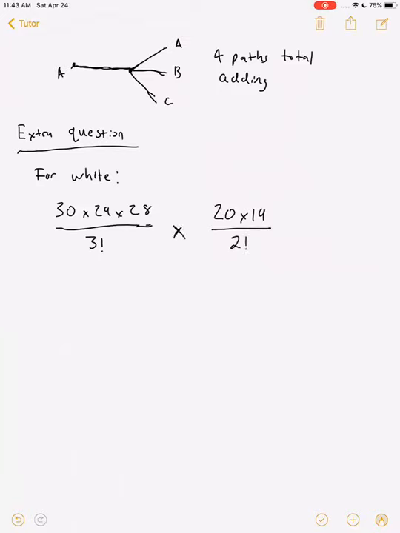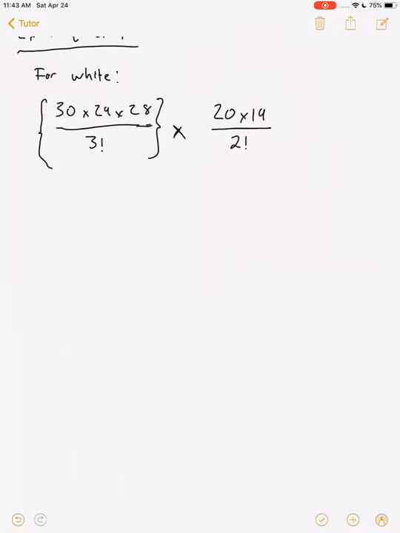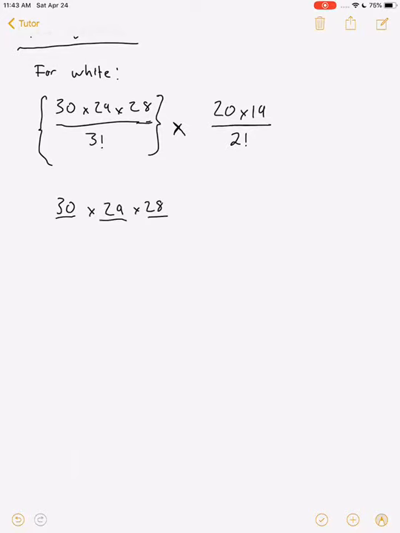Just a quick summary on how we get these forms: we have 30 options for the first ball, then 29 options for the second ball since we've already picked one, and for the last ball we've already picked 2, so we just have 28 options left. The only additional step is dividing by 3 factorial, because we have to account that they can be ordered 3 factorial different ways within themselves.